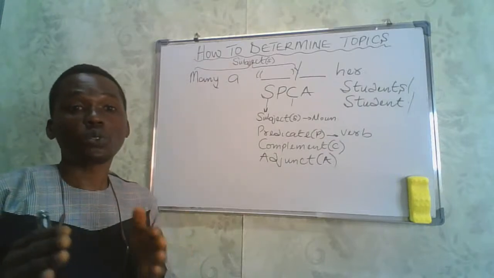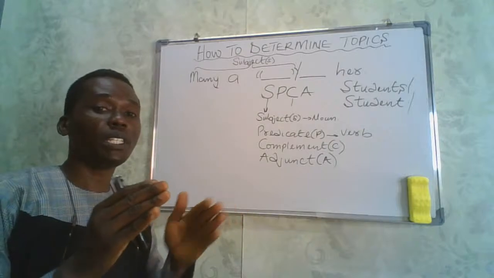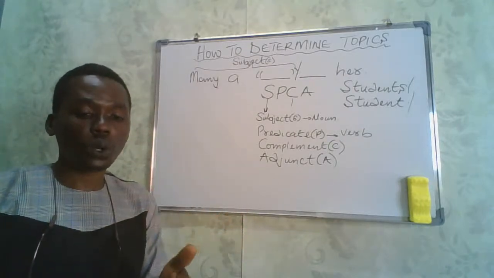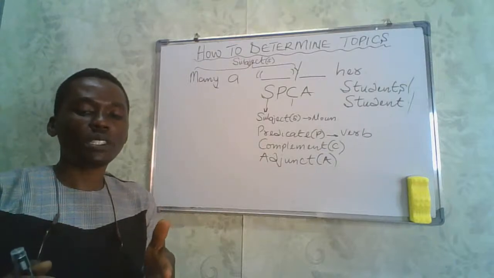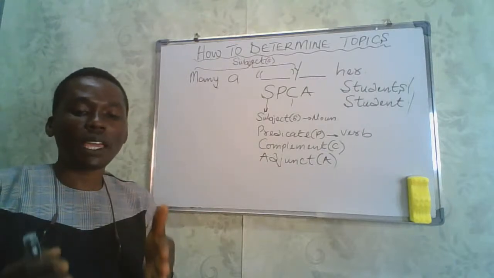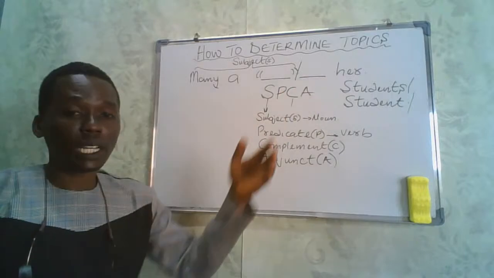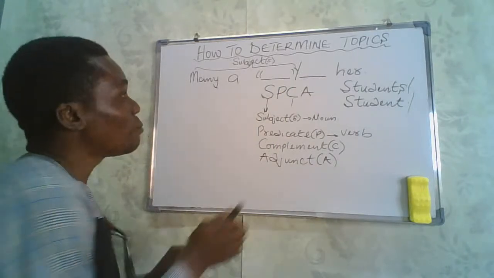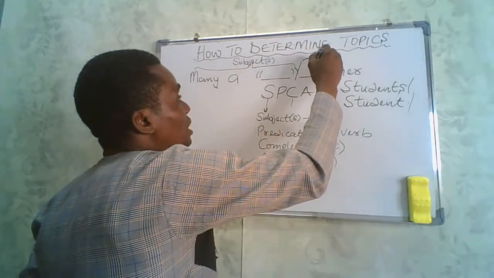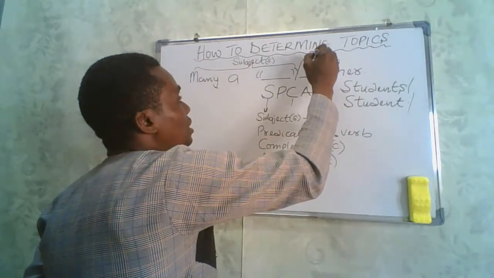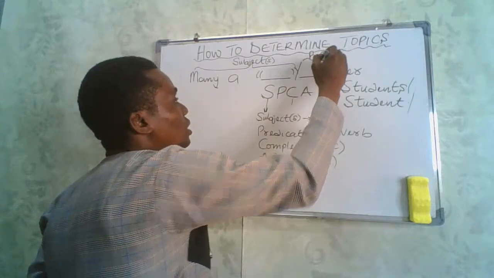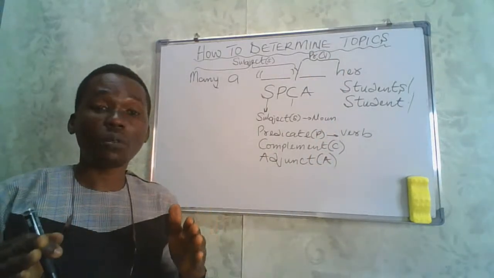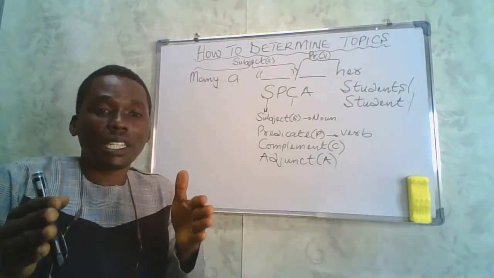The verb is also missing, because if we have many a student or students, what action did they take to her? What did they do to her? So you see, the verb is also missing in the question, and it should have appeared at the position of the second dash. So this second dash is where the predicate, which is the verb, should be. The next thing you will now ask yourself is, do we have a complement in that sentence?